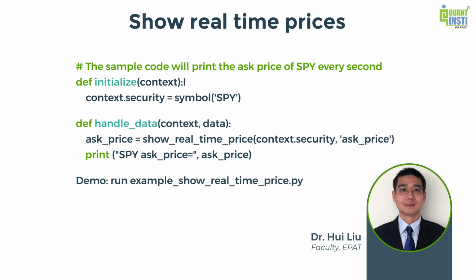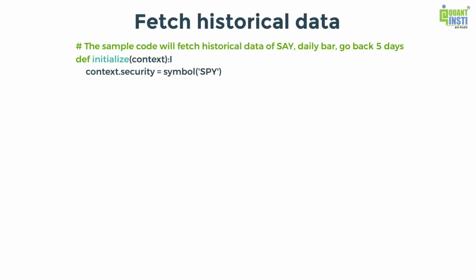The next example is to fetch historical data. This sample code will fetch historical data of SPY daily bars, from today going back 5 days. Same thing, I put a global variable in initialize to tell the code I want to handle the contract of SPY.